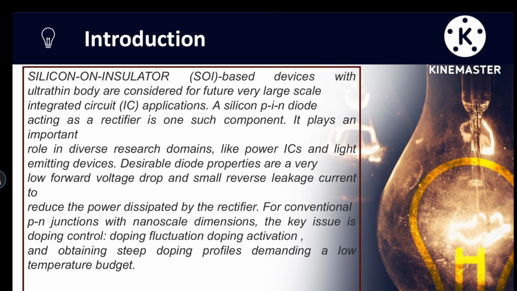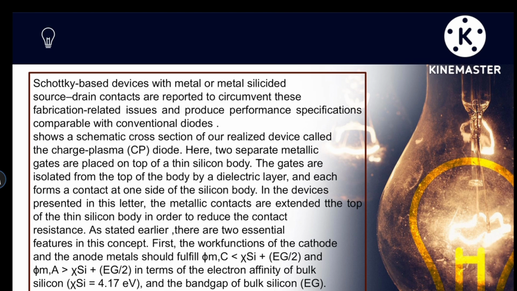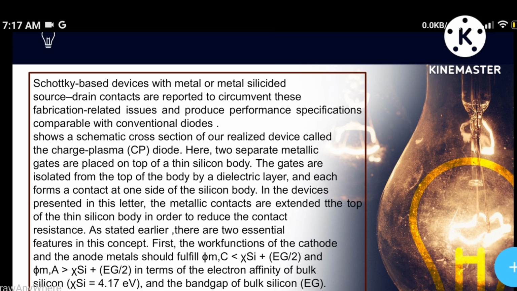We'll move into the further slides. Schottky based devices with metal or metal silicide source drain contacts are reported to circumvent these fabrication related issues and produce performance specifications comparable with conventional diodes.